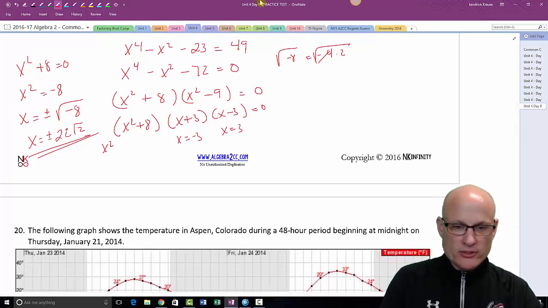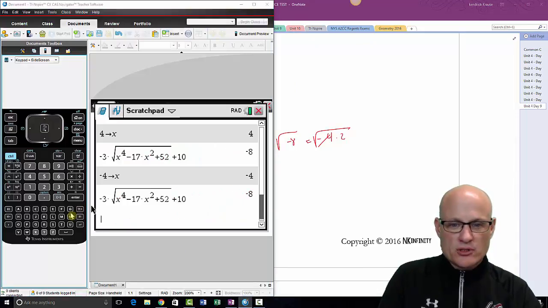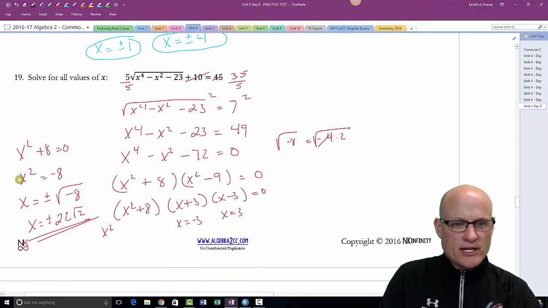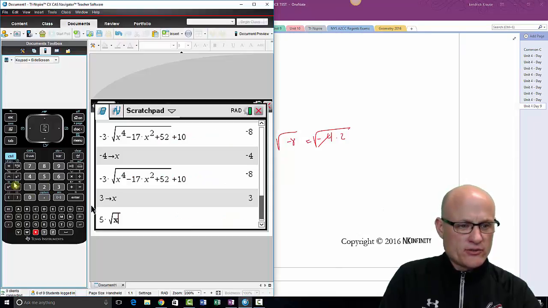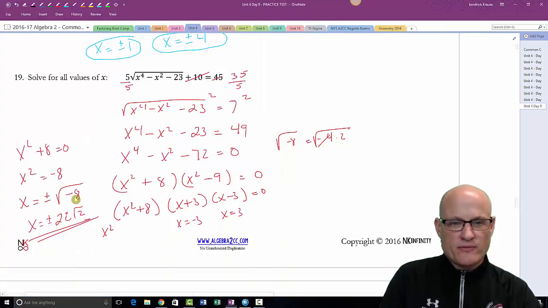So let's see what we got here. Let's store the easy ones. 3, control var x, enter. And we got 5 times the square root of x to the 4th minus x squared minus 23, plus 10, enter, 45. 45, good.